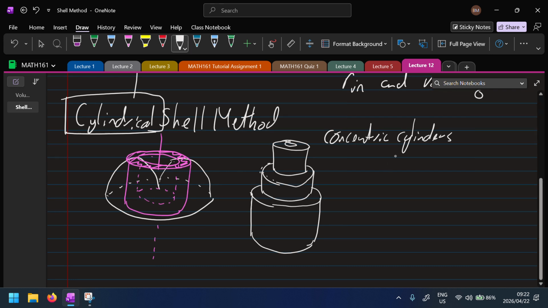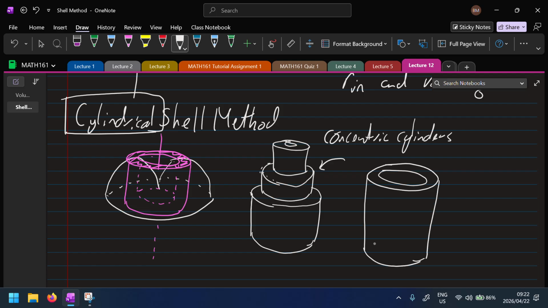Okay, so let's look at one of them. Let's say this middle one over here. Again, it's hollow on the inside. It's only that outside bit that we're interested in. So how do we work out the volume of this?